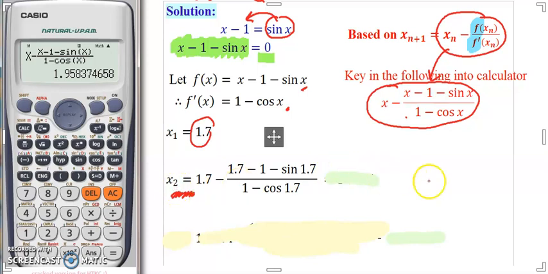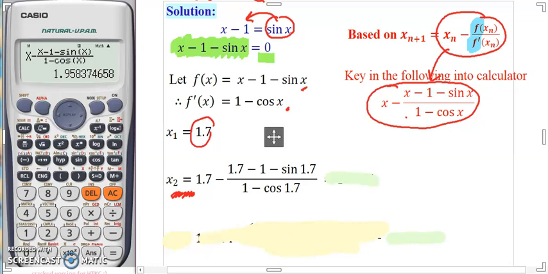In this case, the question requests the final answer correct to 3 decimal places. So in our calculations, we just need to have 1 extra decimal place. Since the answer is requested to 3 decimal places, we give our answer in 4 decimal places in calculations.